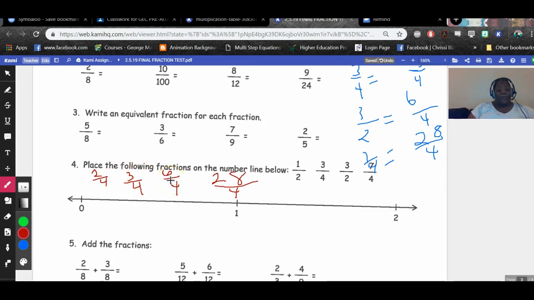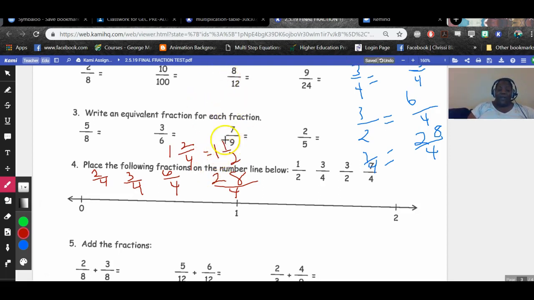That's improper. So what I'm going to do, I'm going to change it to a mixed number by dividing. I'm going to do this one in my head. 4 goes into 6 1 time with 2 left over. This reduces to 1 and 1/2. So really what I'm looking at here is 1 and 1/2.